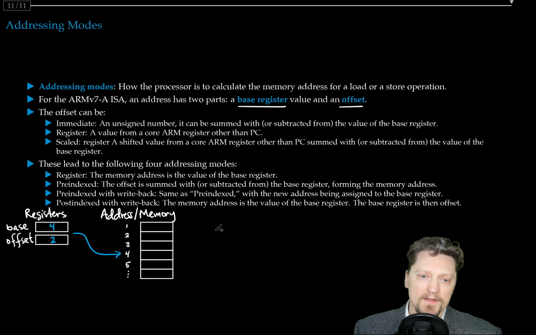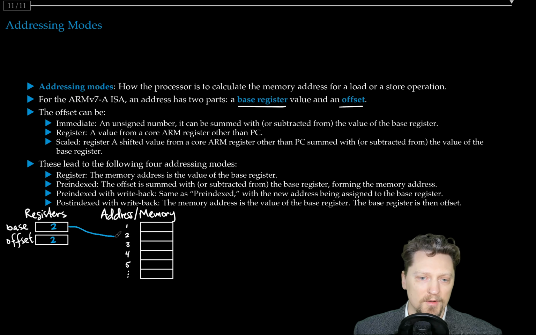Okay, post-indexed with write back. The memory address is the value of the base register. The base register is then offset. So the base register is used here. So let's go back to 2, and so post-indexed with write back. The memory address is the value of the base register.